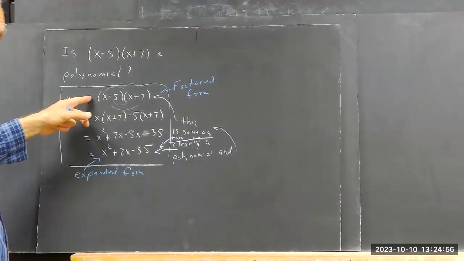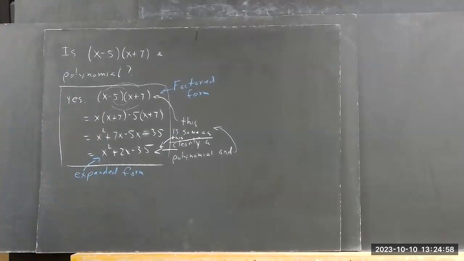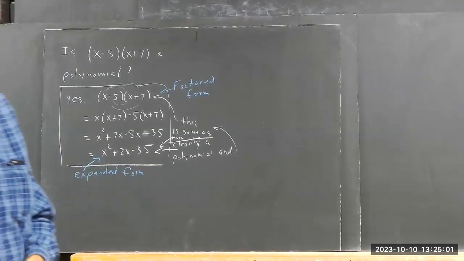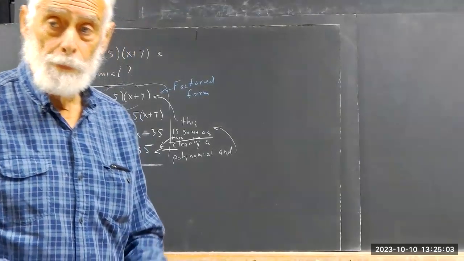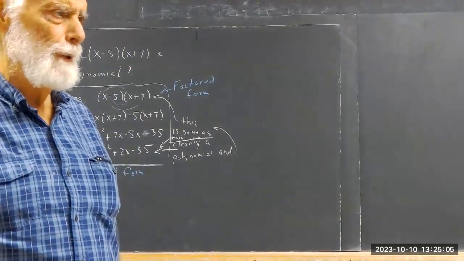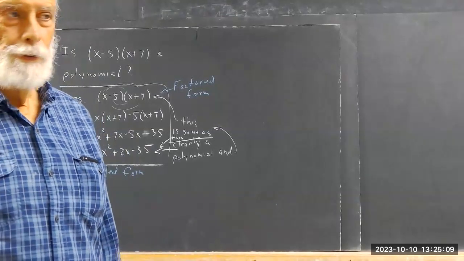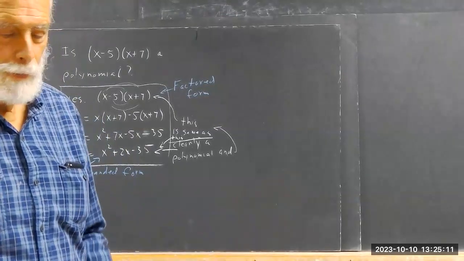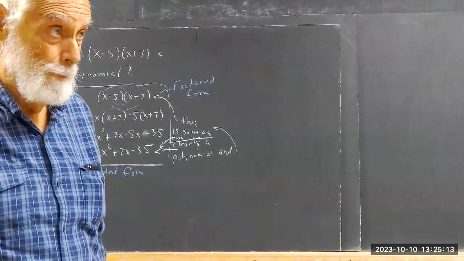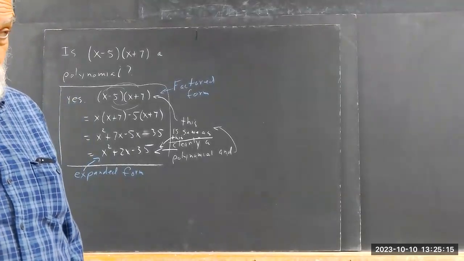You learn more from the factored form than you do from the expanded form. And that's the reason people talk so much about factoring. It's probably the main reason they think it's important. I don't think factoring is all that important, but you know, it's part of the course, so we're going to learn to do a little bit of it. And you probably already know how to do a little bit of it.